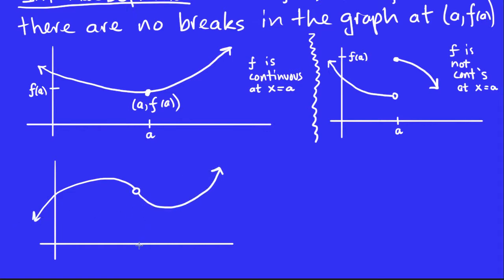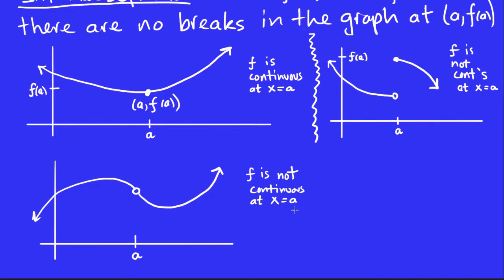Let's look at this graph. Is f continuous at a in this example or not? Well, it's not, because we have an open dot, so f of a is not even defined here. So in this case, f is not continuous at x equals a.